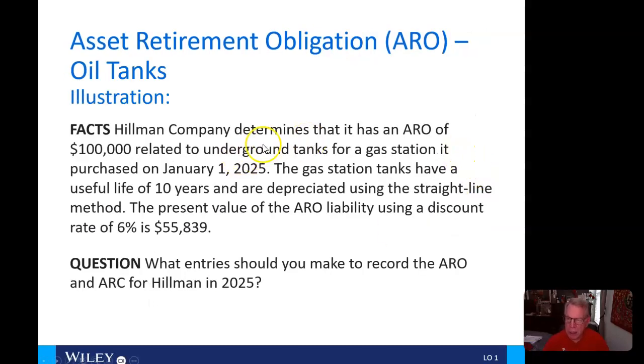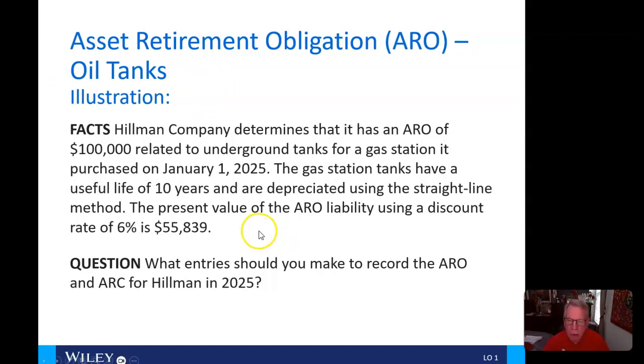Let's take a look at an illustration. The Hillman Company determines that it has an ARO of $100,000 related to the underground tanks for a gas station it purchased on January 1, 2025. The gas station tanks have a useful life of 10 years and are depreciated using the straight line method.